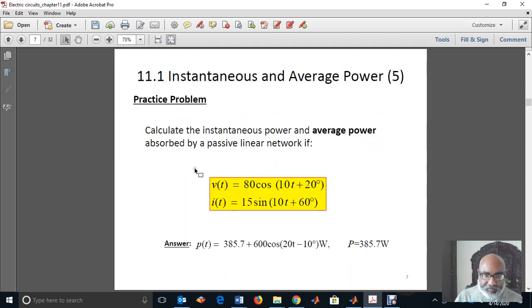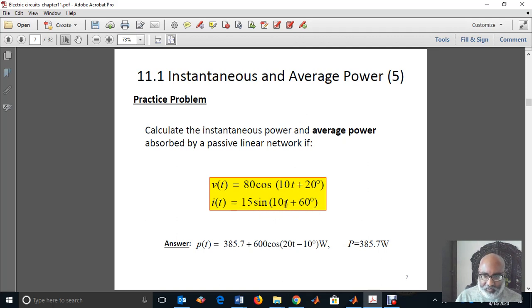Calculate, this is a practice problem, calculate the instantaneous power and the average power absorbed by the passive linear network if V of t is given by this and I of t is given by this. Note that here I of t is a sine function, so we need to change it to cosine. How we change? We use the rule of sine theta is equal to cosine of theta minus 90 degree.